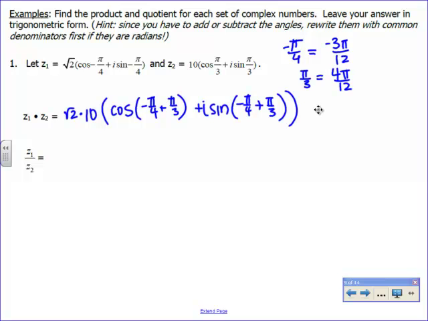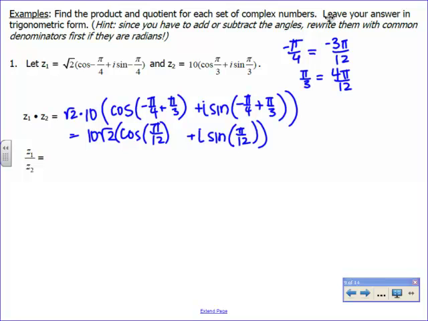So when I go to actually add those together, I'm going to end up with just 1 pi over 12. So I have cosine of pi over 12 plus i sine of pi over 12. Close that last parenthesis. Radical 2 times 10 isn't going to really simplify except to say 10 radical 2 in a little better order.